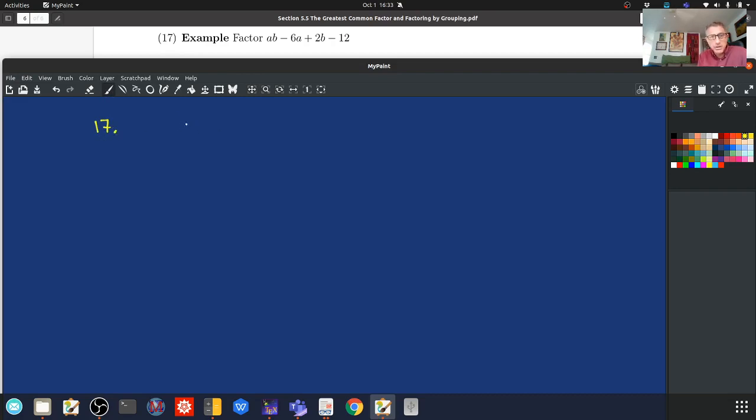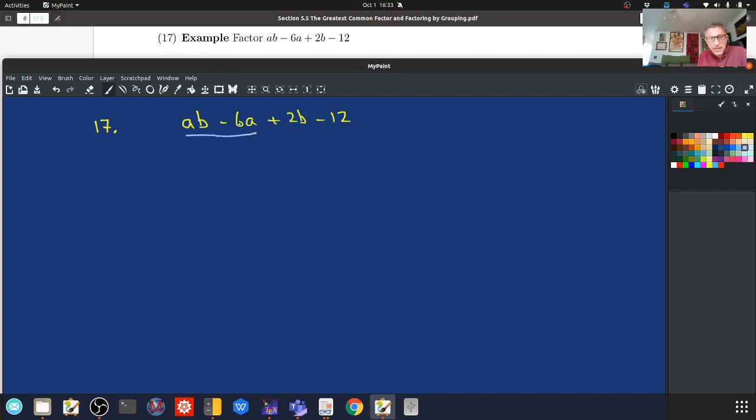So ab minus 6a plus 2b minus 12. So here is what we do. This is factor by grouping. So what I do is I group these into two groups where there's a common factor.